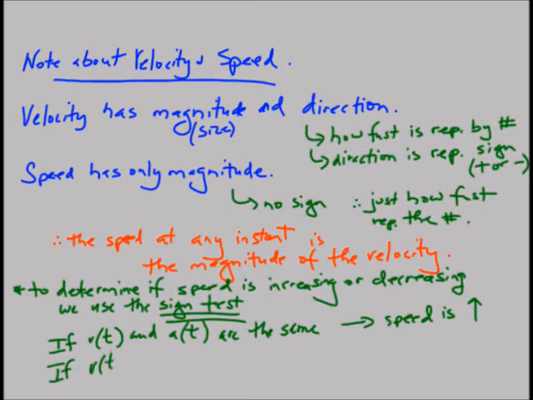If v of t and a of t have opposite signs, then the speed is decreasing.